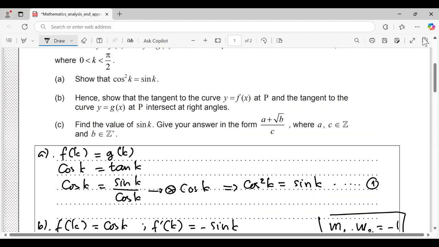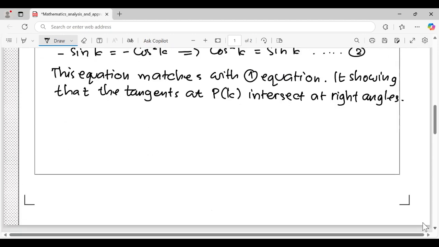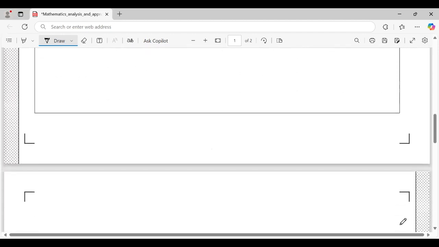Next question. Find the value of sine k. Give your answer in the form a plus square root b over c, where a and c are integers and b is a positive integer. From part A and part B, we got the equation cosine squared k equals sine k.